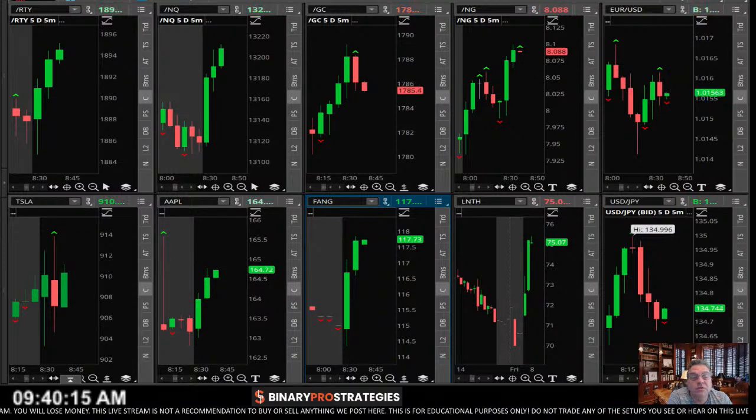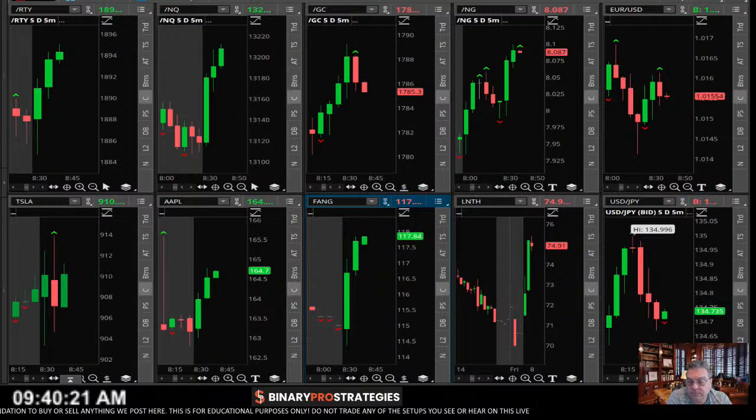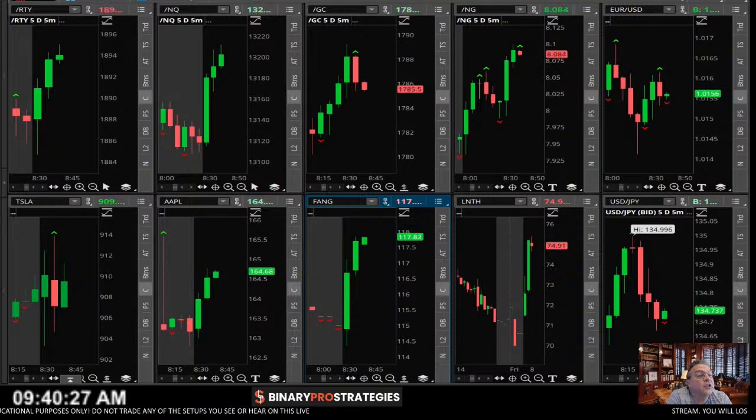Long NQ, NQ just went long. All right, target on that NQ, which is your mini NASDAQ, is going to bring us up to 132.45.